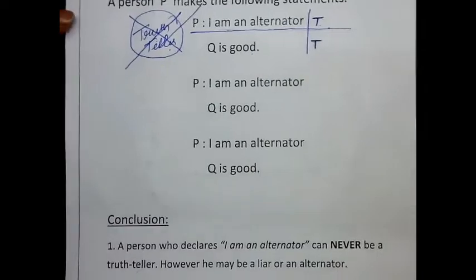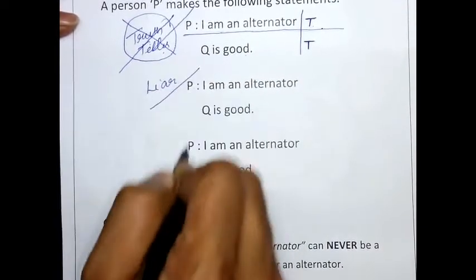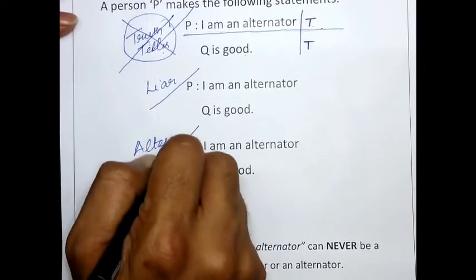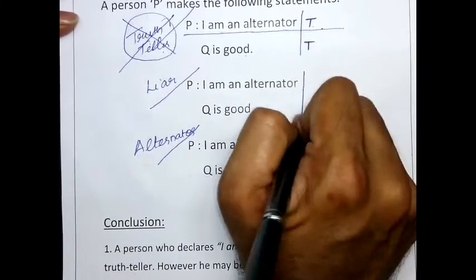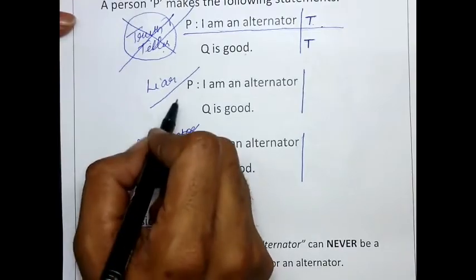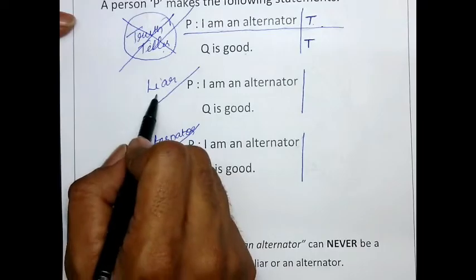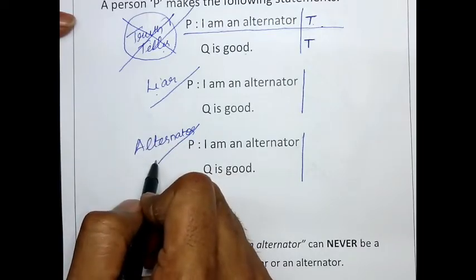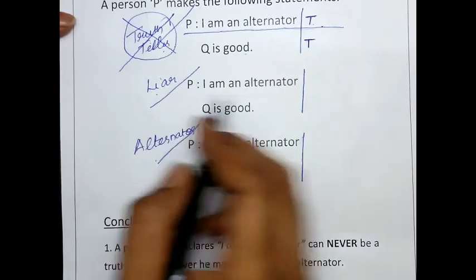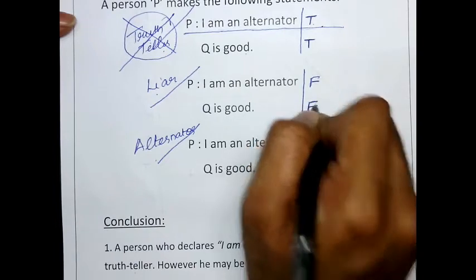But this person P can be a liar or he can be an alternator. Depending upon the situation, you can decide whether he is a liar or an alternator. But a person who says I am an alternator can be a liar, or equally likely he can be an alternator also. If the person is a liar, then the first statement is false, the second statement is also false.